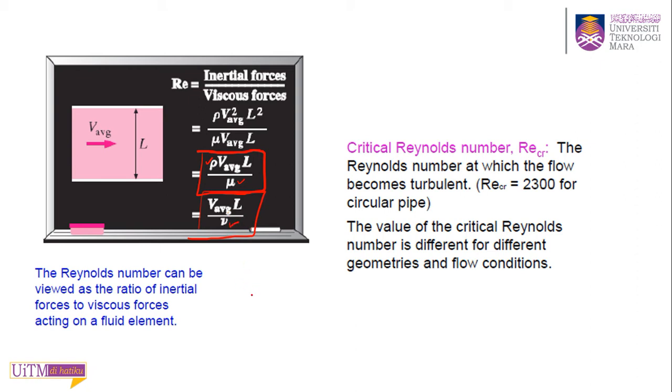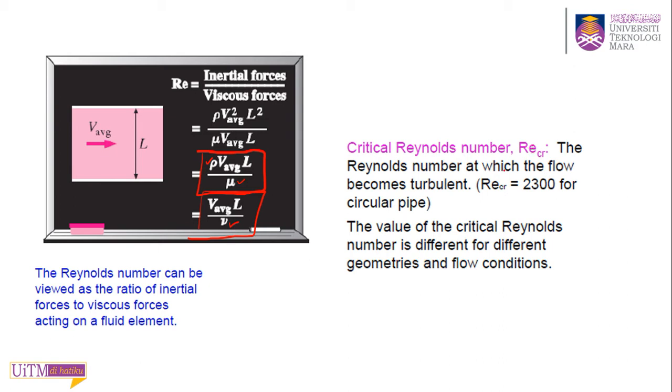So the Reynolds number can be viewed as the ratio of inertial forces to viscous forces acting on a fluid element, as we have discussed before. This is how we can know whether the fluid is laminar or turbulent. It will depend on the value of the number. So there is what we call the critical Reynolds number, Re_cr.